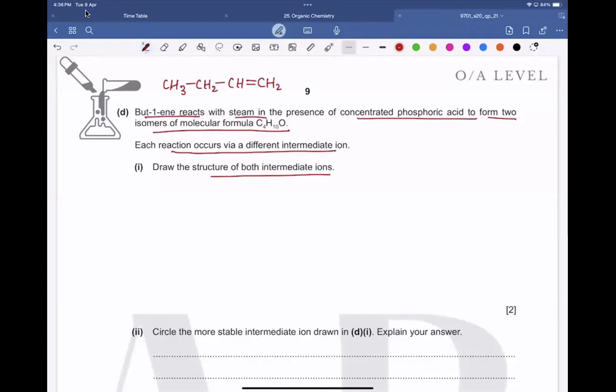So the attack would take place from here. If the attack takes place from here, there are two possibilities. One is this one, CH3, CH2, CH, single bond, CH2, a hydrogen gets bonded to this carbon from the water.